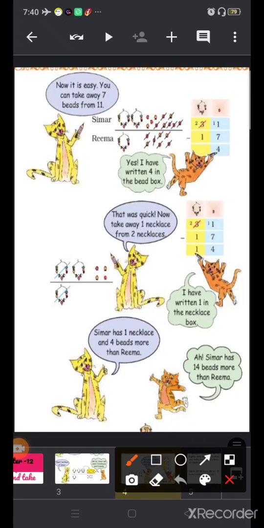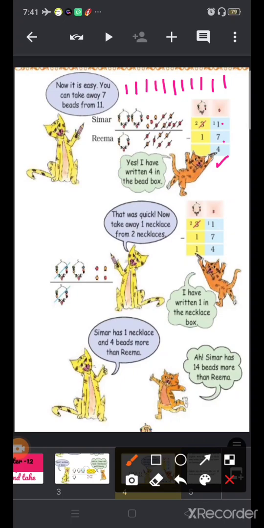If we subtract 7 from 11, what number will we get? 4. 11 minus 7 is equal to 4. 1, 2, 3, 4, 5, 6, 7, 8, 9, 10 and 11. You can do this on your fingers also.